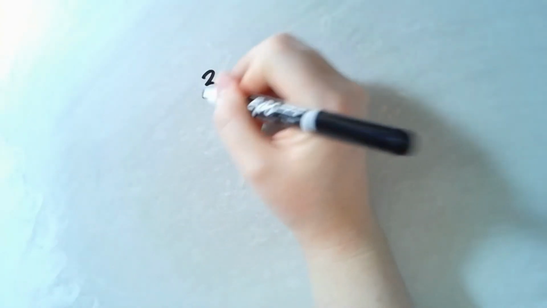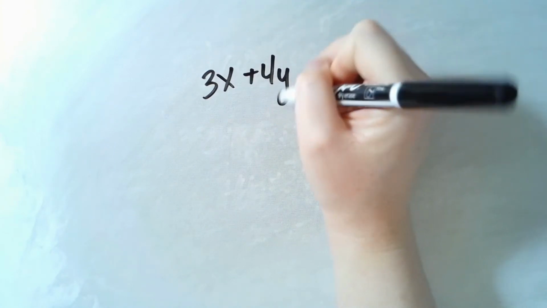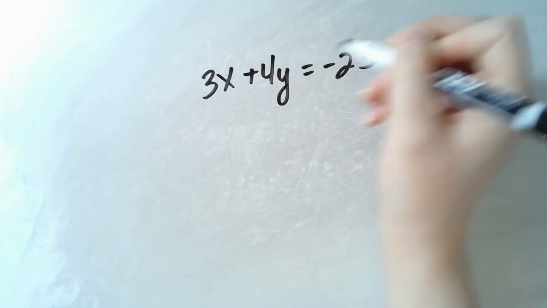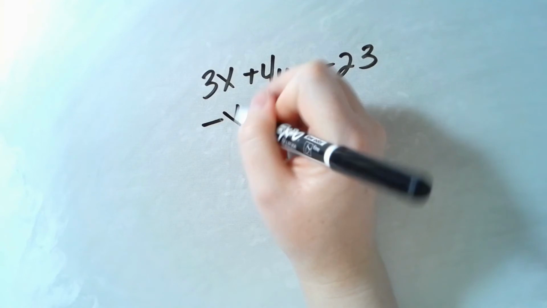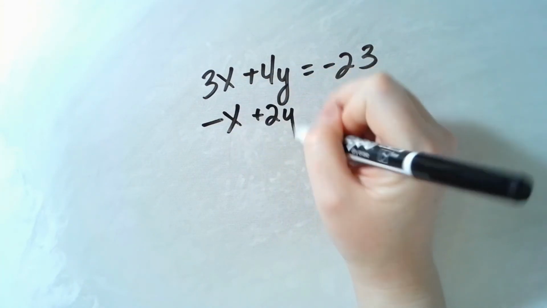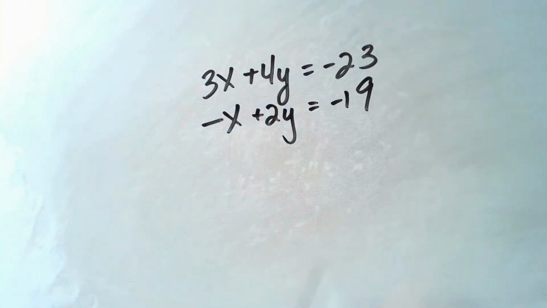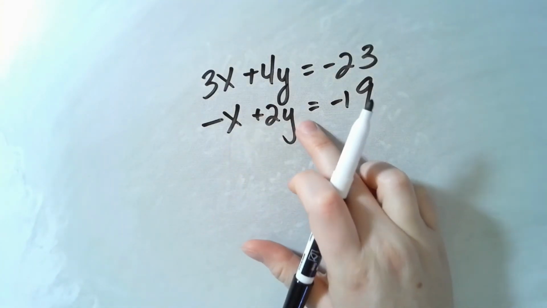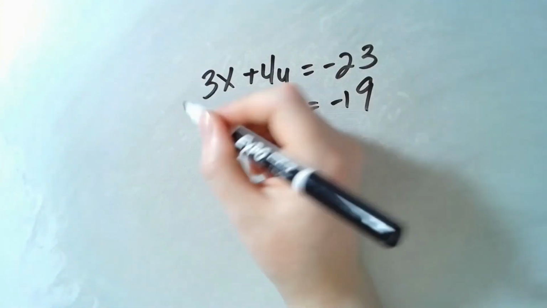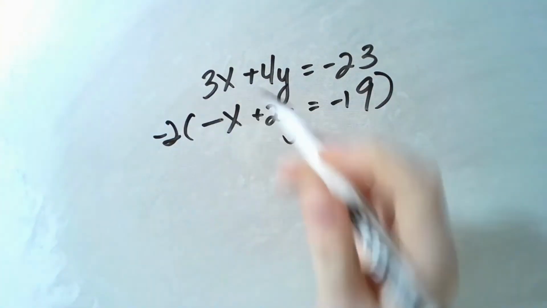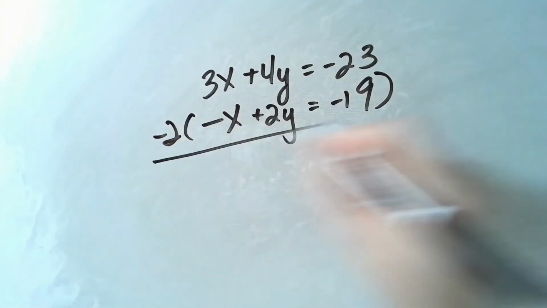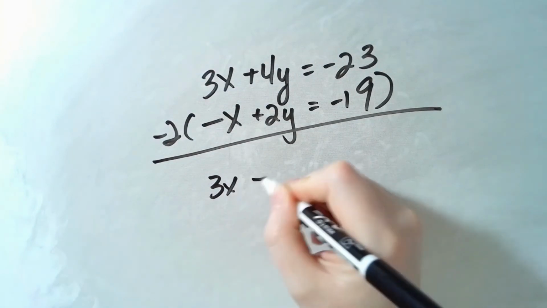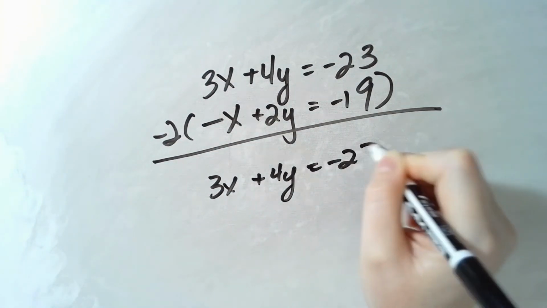Let's start out by just copying it down exactly as it appears. And then we need to move this so that they are on top of each other rather than on opposite sides. I want to get x alone, which means I need to multiply the bottom by negative 2. Negative 2 makes this 3x plus 4y equals negative 23.